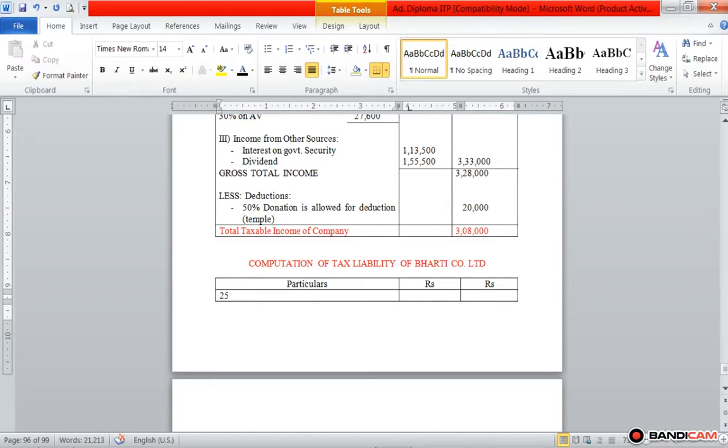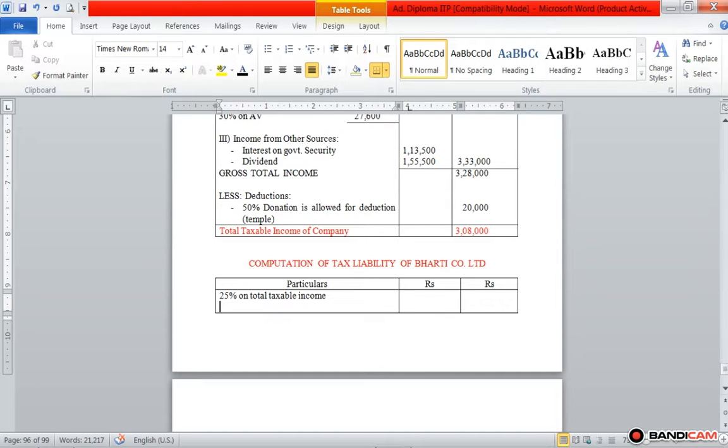Then here 25% tax rate. Okay, 25% on total taxable income. The rate of income tax for a domestic company is 25%.